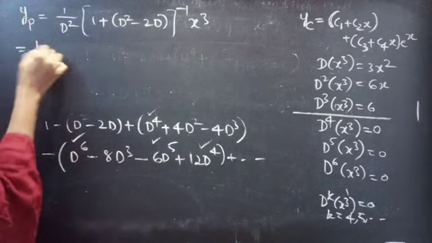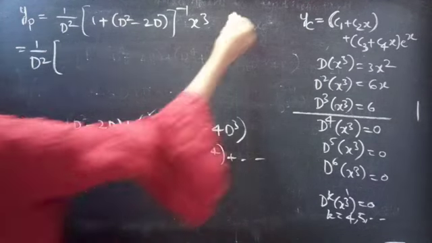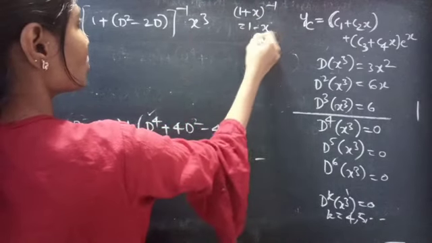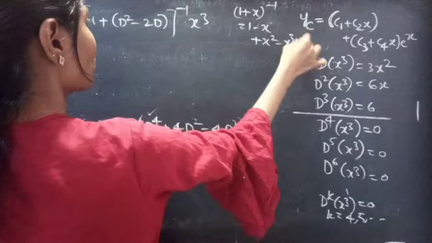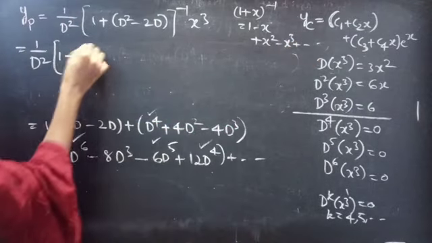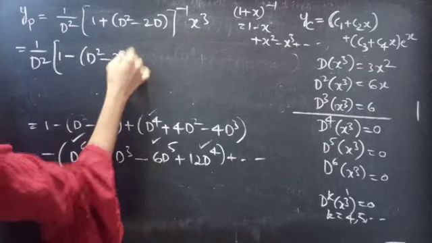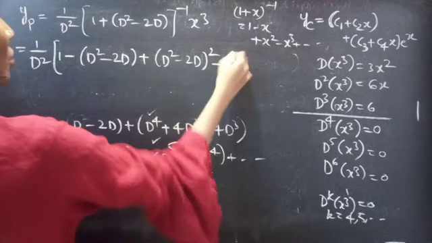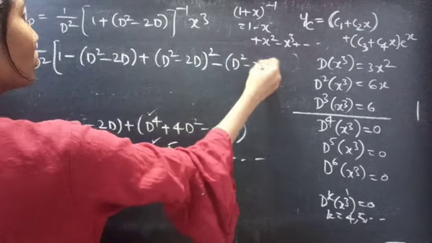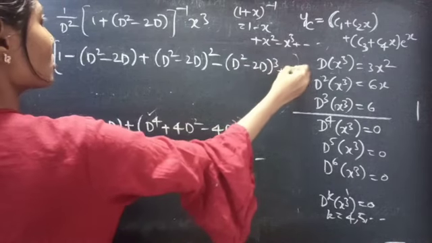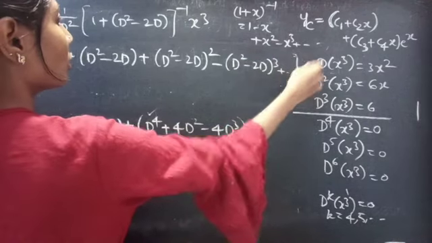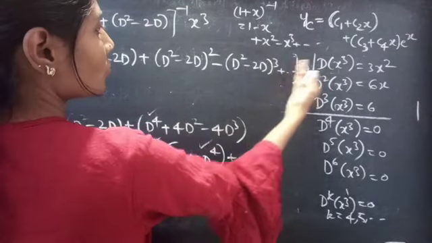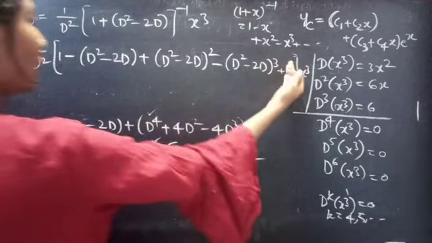Is equals to 1 by d² into, we need to write the expansion of (1 + x)⁻¹: 1 − x + x² − x³ plus so on, into x³. Okay, we know that the higher order terms from here become 0, so we are not taking these terms here.